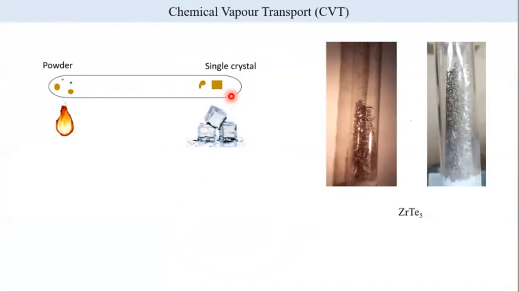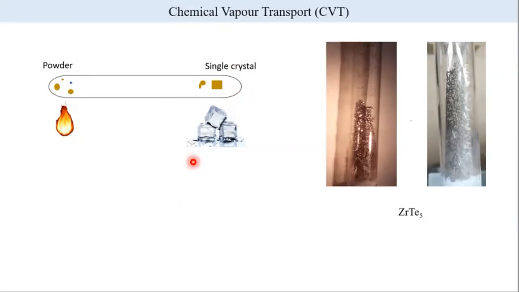So to grow a single crystal, it is very important to leave the system undisturbed, and you allow the molecules to sit in a proper manner. Naturally also crystals grow, but it takes something like thousands of years to grow a single crystal.